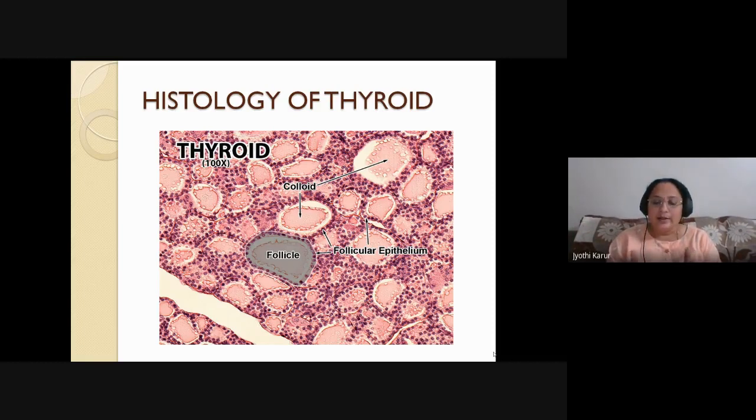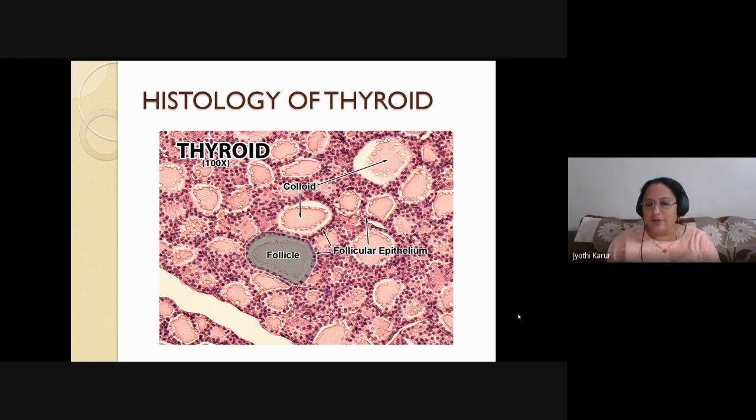It definitely has follicles, and the follicles are lined by thyrocytes, that is follicular epithelium, which are cuboidal in normal stage. Once the gland is in active secretion, the cuboidal epithelium will become columnar epithelium, and the lumen of the follicles will be filled up with colloid.